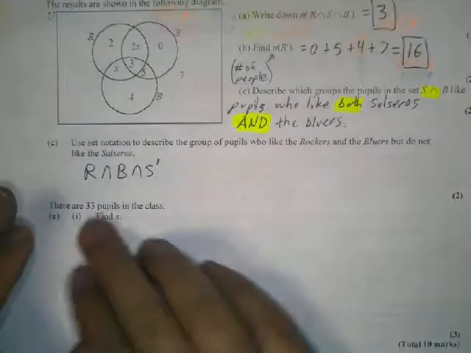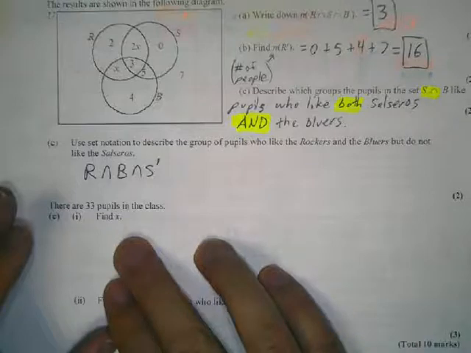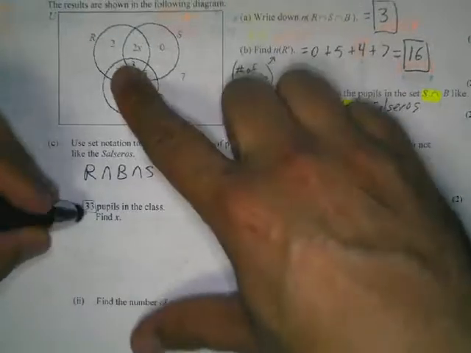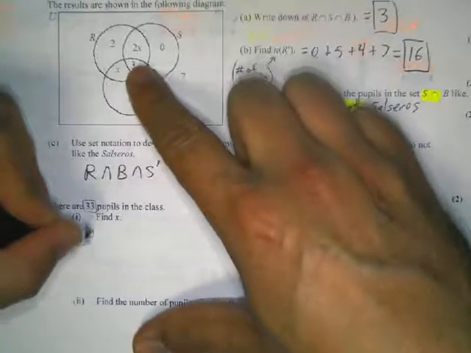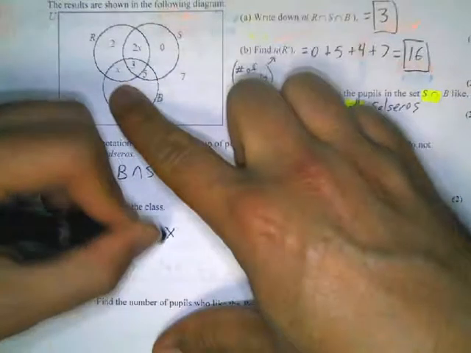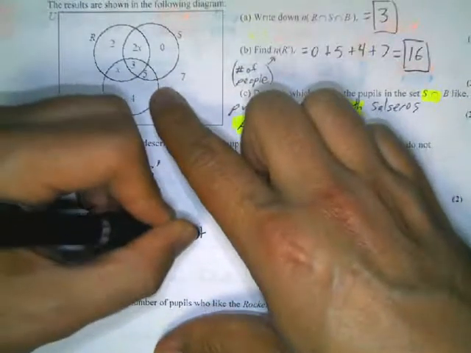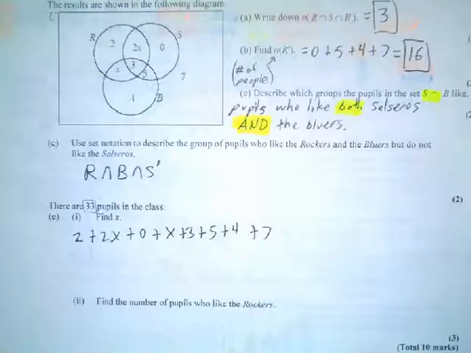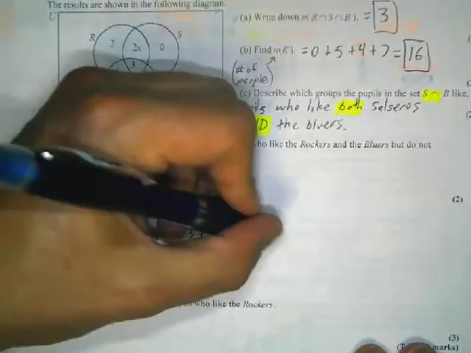There are 33 pupils in the class. Find x. So all of these things have to add up to 33. So we got 2 plus 2x plus 0 plus x plus 3 plus 5 plus 4 plus 7, and all of those add up to 33.